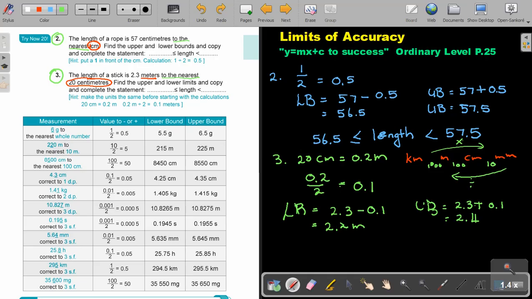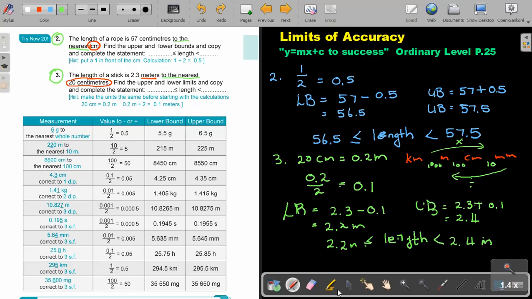It's again length and it's going to be, this is going to be 2.2 meters, if you want, and this is going to be 2.4 meters. And that's my final. So just be careful. If there's nothing, put a 1, and if the units are not the same, first make them the same.